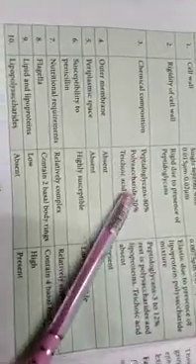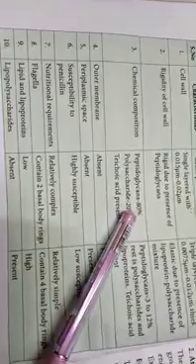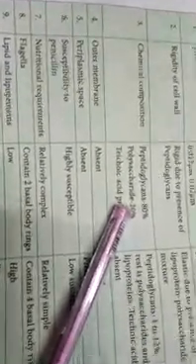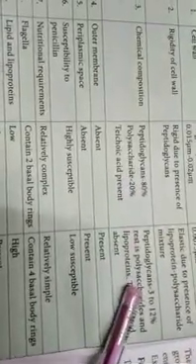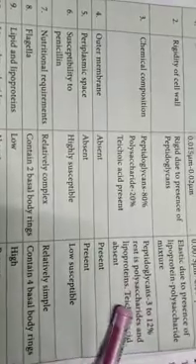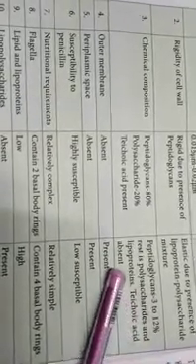Chemical composition: gram positive is thick because of the peptidoglycan, 80% peptidoglycan and the remaining 20% polysaccharides. In gram negative, peptidoglycan is only 12% of the cell wall and the rest is polysaccharides and lipoproteins.